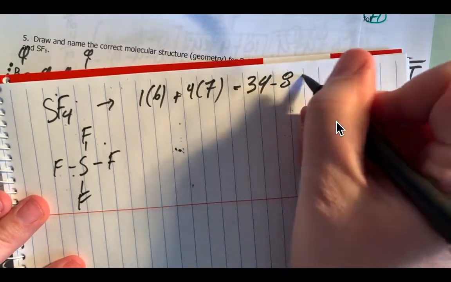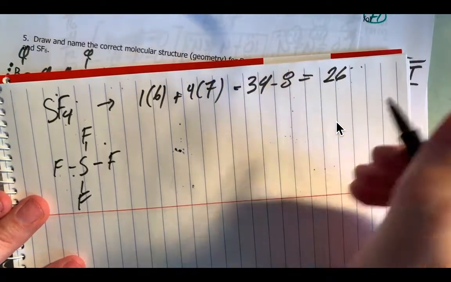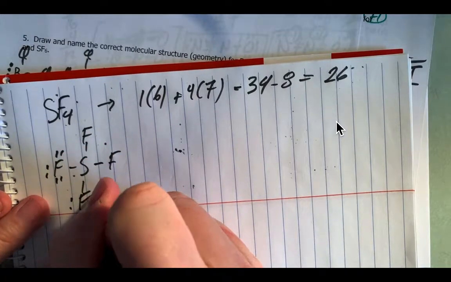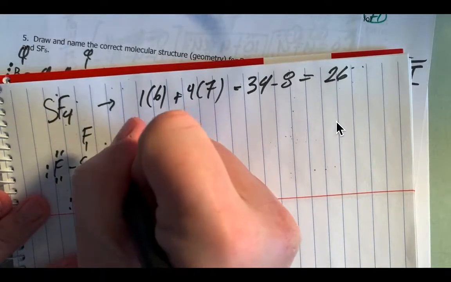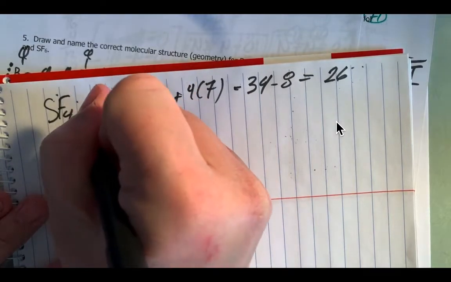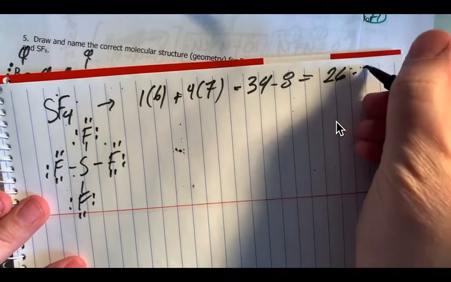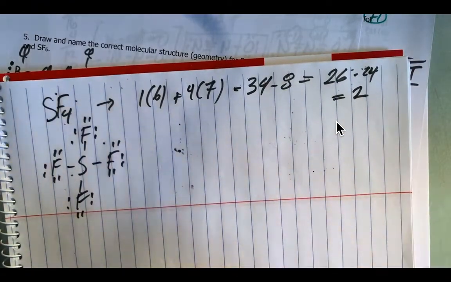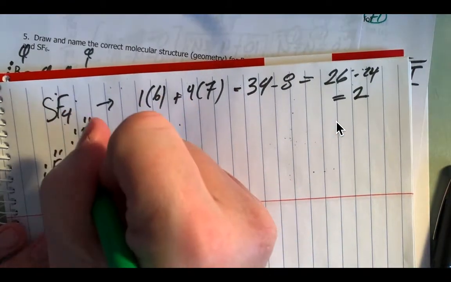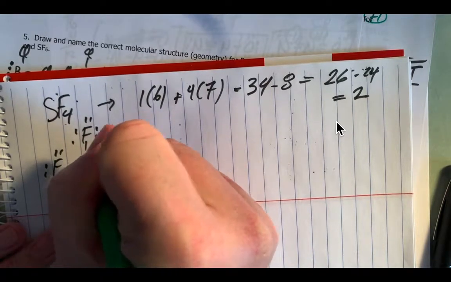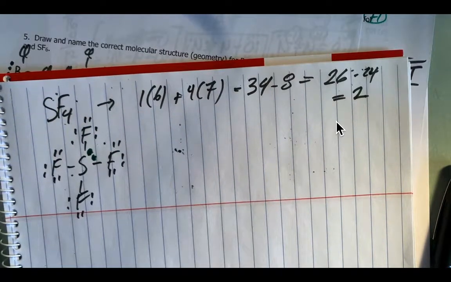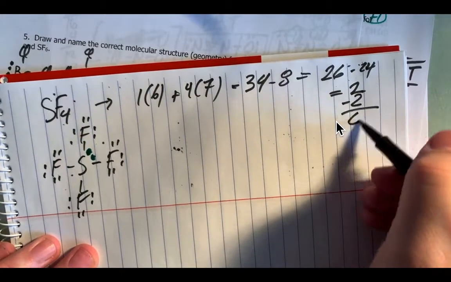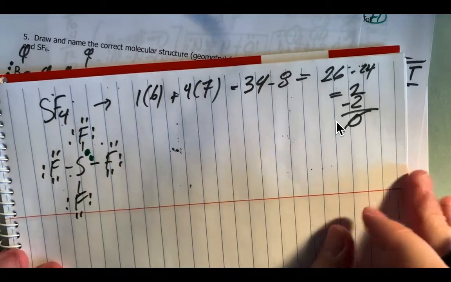I use up 8, and that leaves me with 26. 2, 4, 6, 8, 10, 12, 14, 16, 18, 20, 22, 24. Leaves me with 2, and I'm going to make them a different color so you're aware they're on the central atom. These 2 green ones are my final. I dumped those on the central atom and now assigned all the electrons.